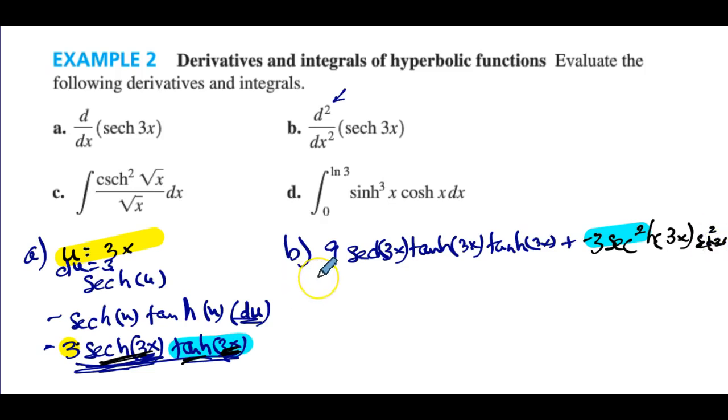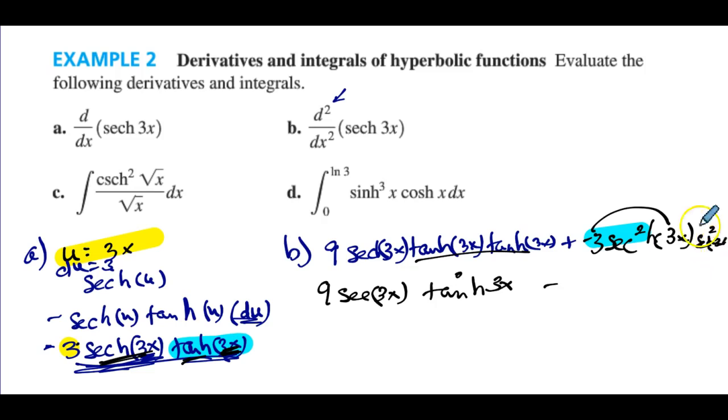And so, combining some like terms, I've got hyperbolic tangent squared minus, let's see, negative 3 times this 3, negative 9, and I think I'm going to go hyperbolic secant cubed here.